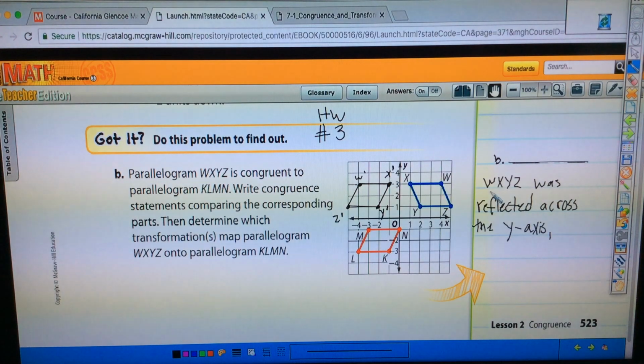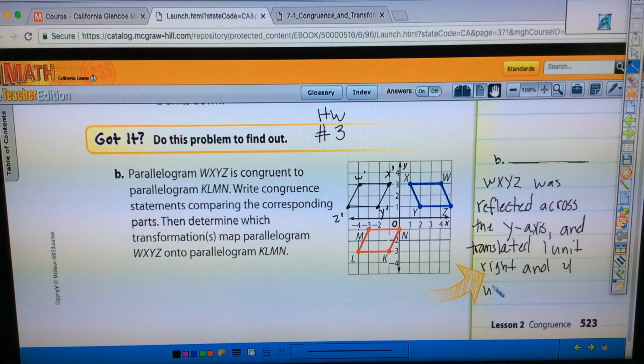So I'm going to say WXYZ was reflected across the y-axis and translated one unit right and 4 units down. Okay, so there is our statement of transformation.